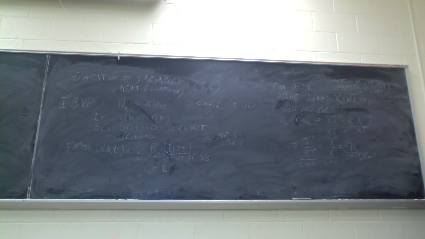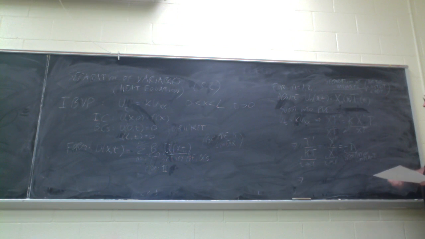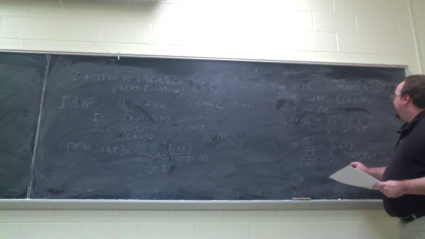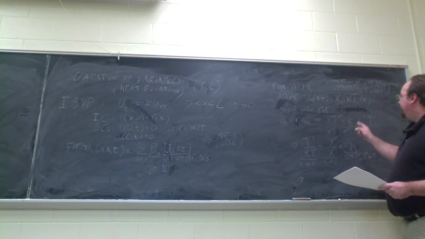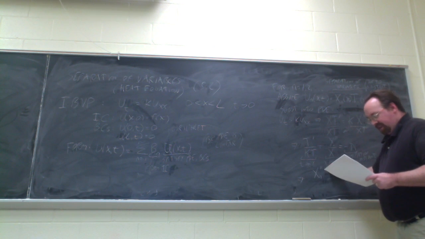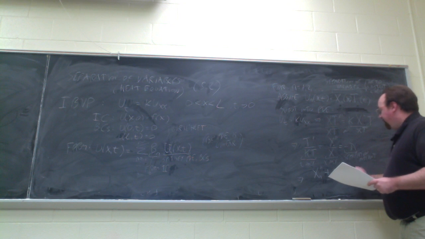Okay, because now what you can do is, if I consider this equal to minus lambda, and then this equal to minus lambda, so 2 separate equations, I now get 2 ODEs, one for capital X and one for capital T. So I have, okay, I should have subscripts of n through here, but anyway, X_n double prime plus lambda X_n is 0.